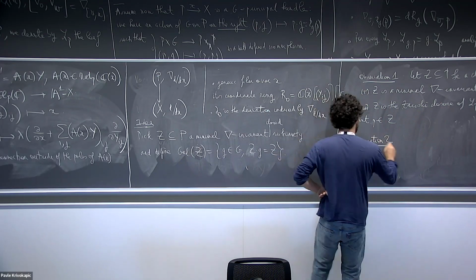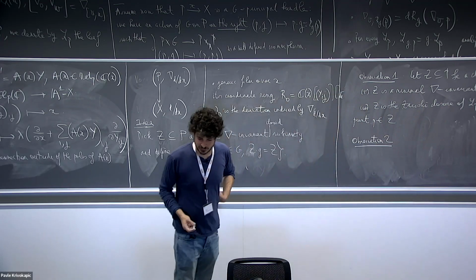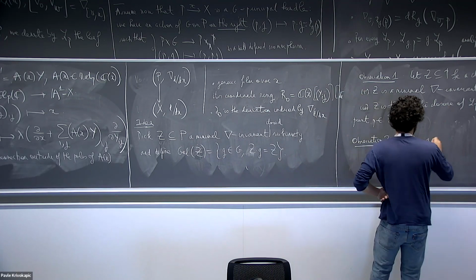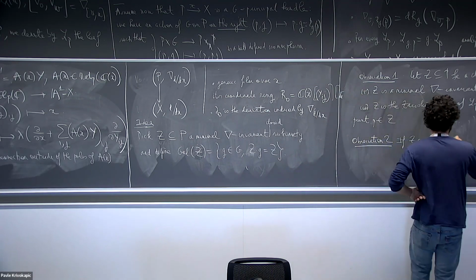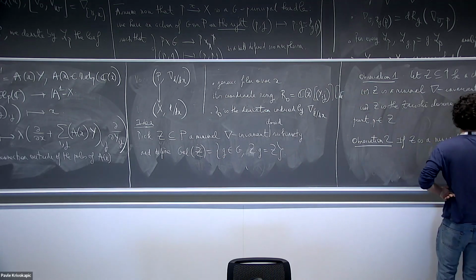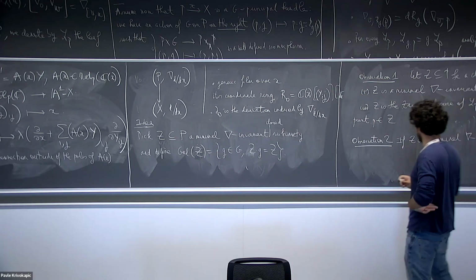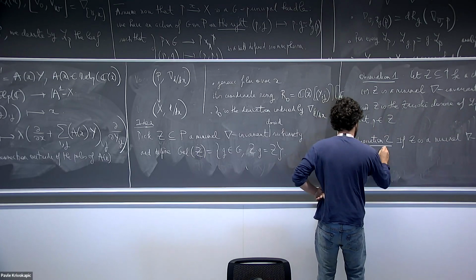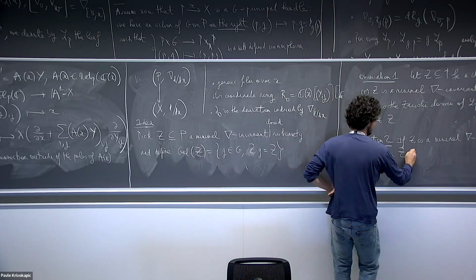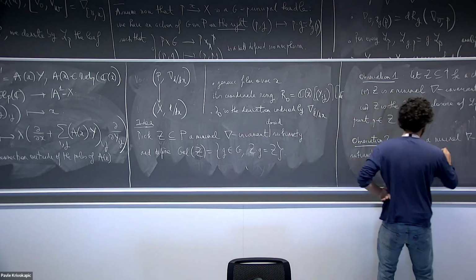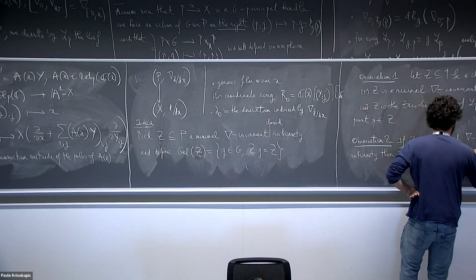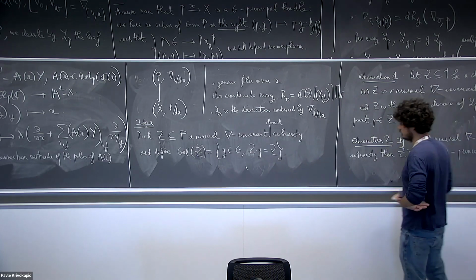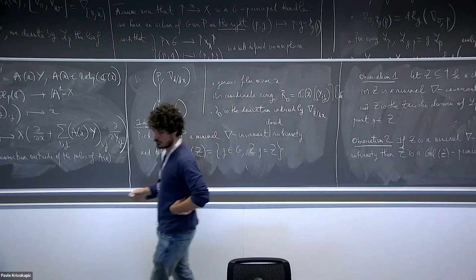And so observation two is that from this, you can deduce easily that if Z is a minimal delta invariant subvariety, then Z is a Gal Z principal bundle.